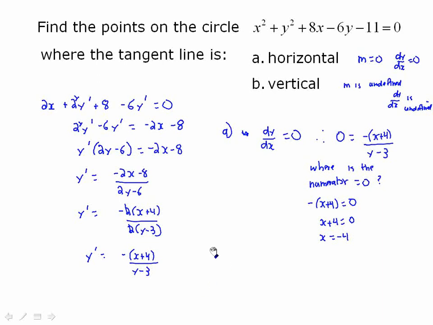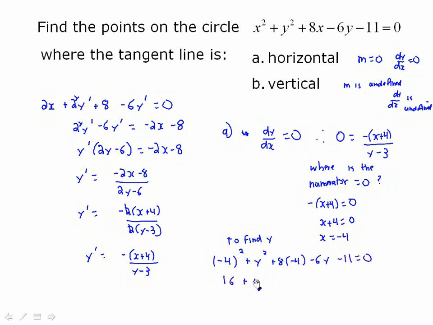But now to find y, you need to take that value and sub it into the original. To find y, plug in your x as negative 4 into the original expression. So negative 4 squared plus y squared plus 8 times negative 4 minus 6y minus 11 is equal to 0.